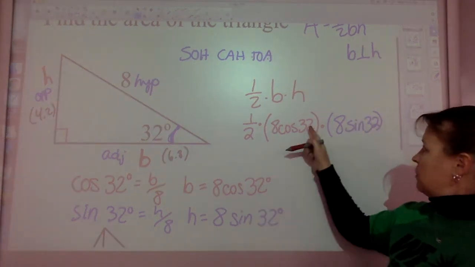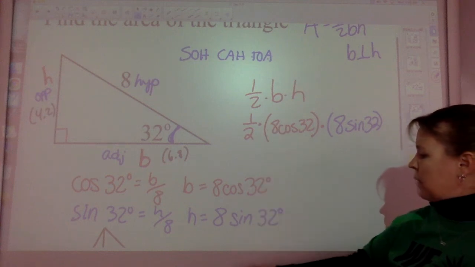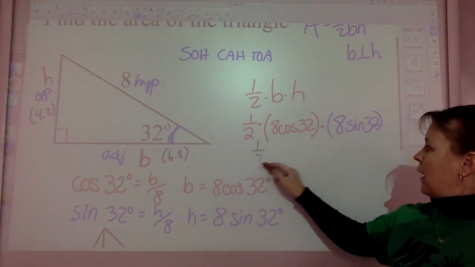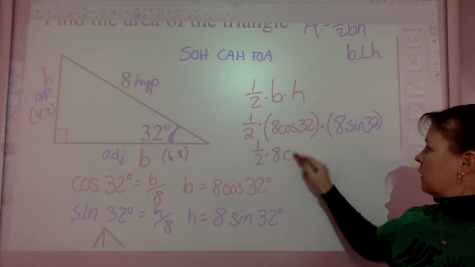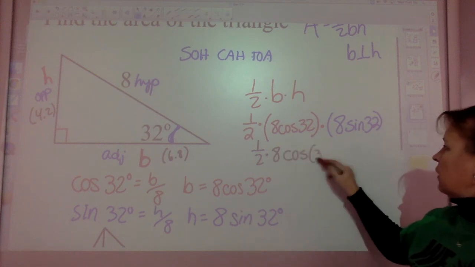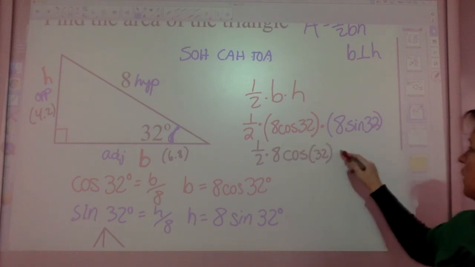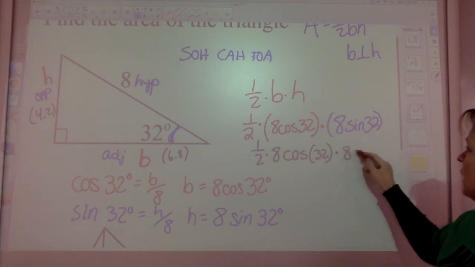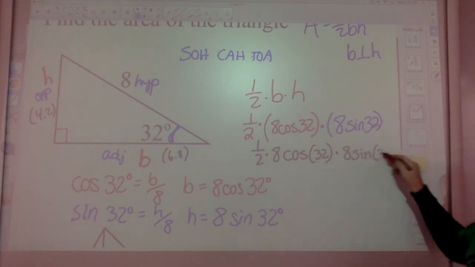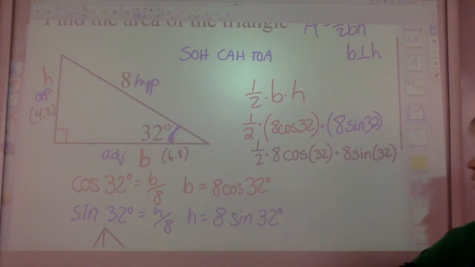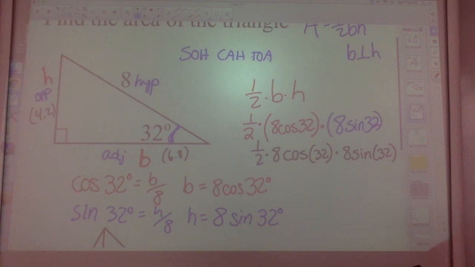You do not need to put these parentheses when you type it in. 1/2 times 8 cosine. Most calculators give you a parenthesis there, so you finish it, times 8 sine parentheses 32. Type it in like that. 1/2 or 0.5 times 8 times cosine 32.